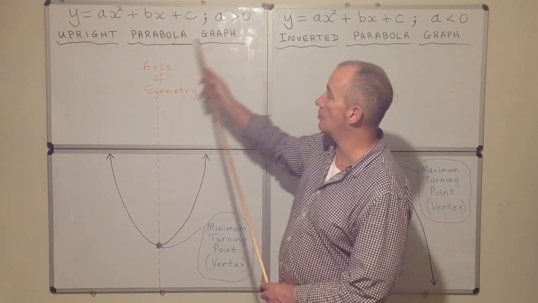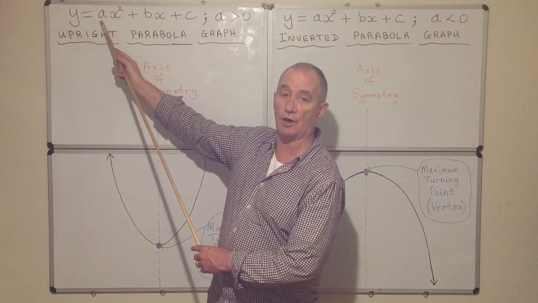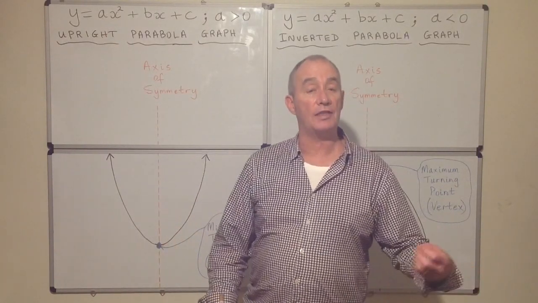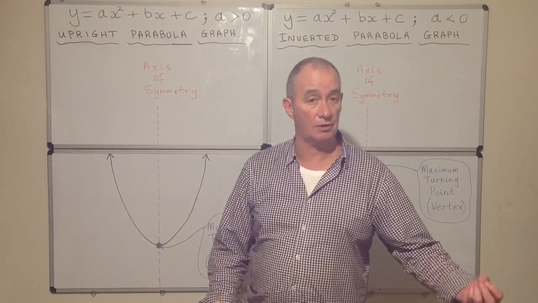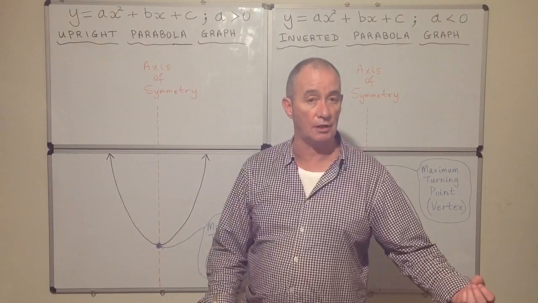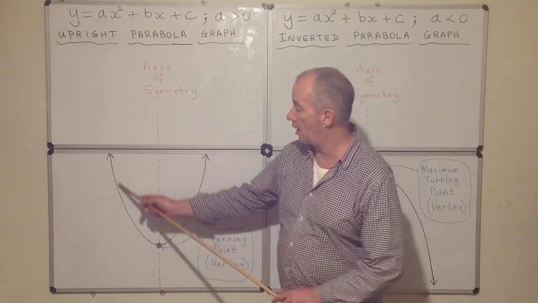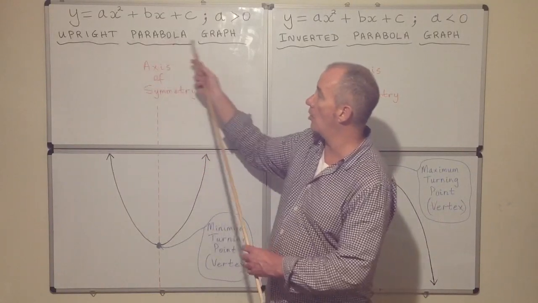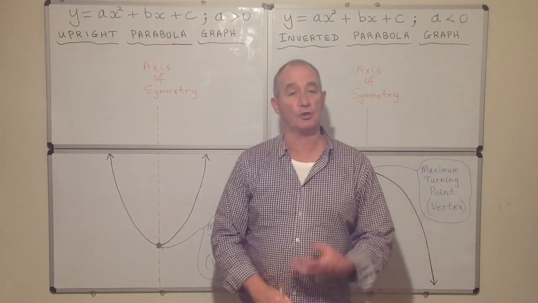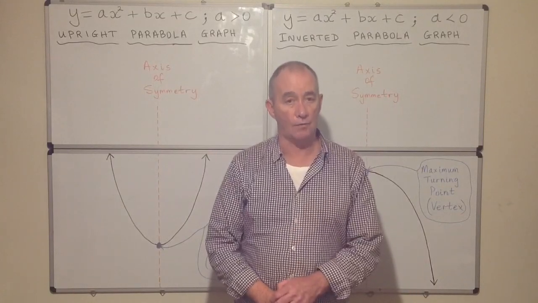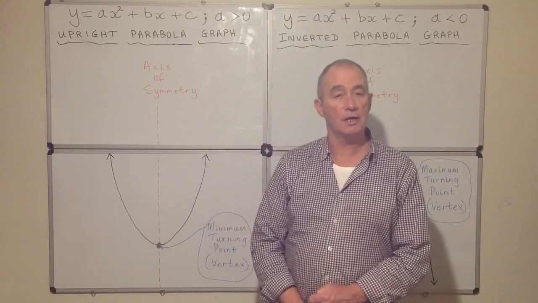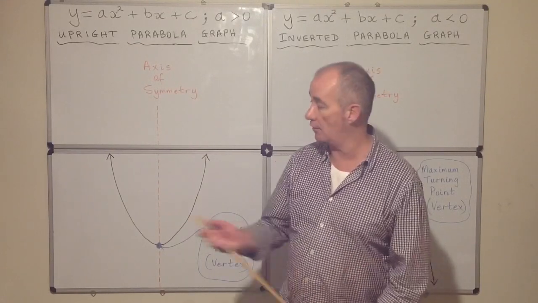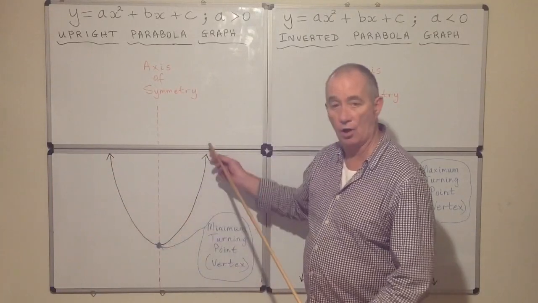So when the number directly in front of x squared in the quadratic equation is bigger than 0, that is, when the a value is positive, we get a curve like that. And that's called an upright parabola graph. That's the first possible general shape for the graphs of quadratic equations.